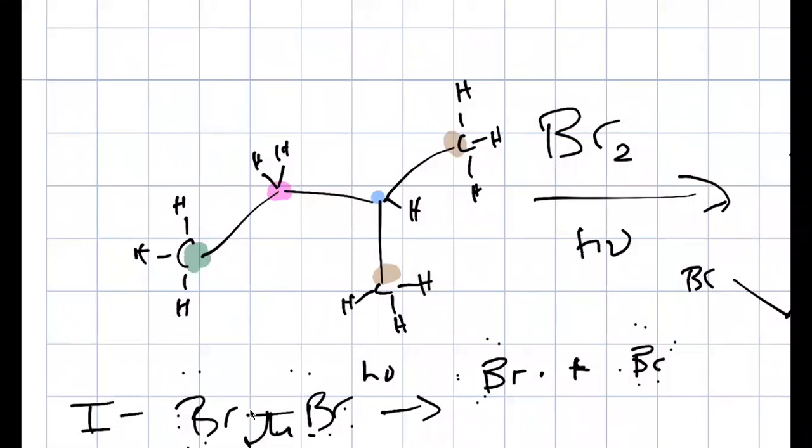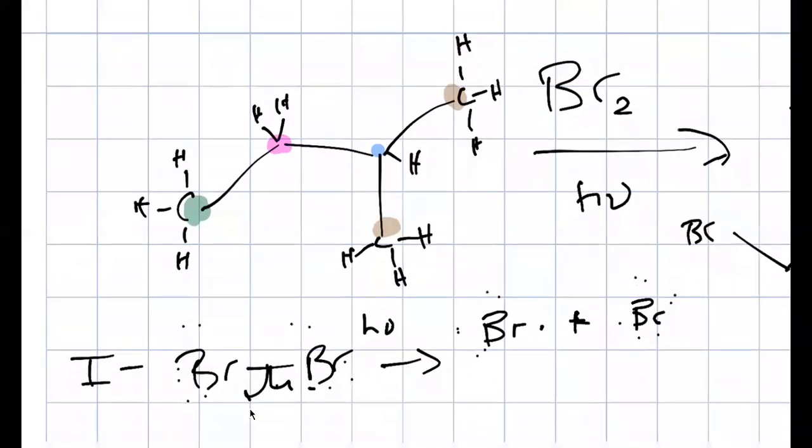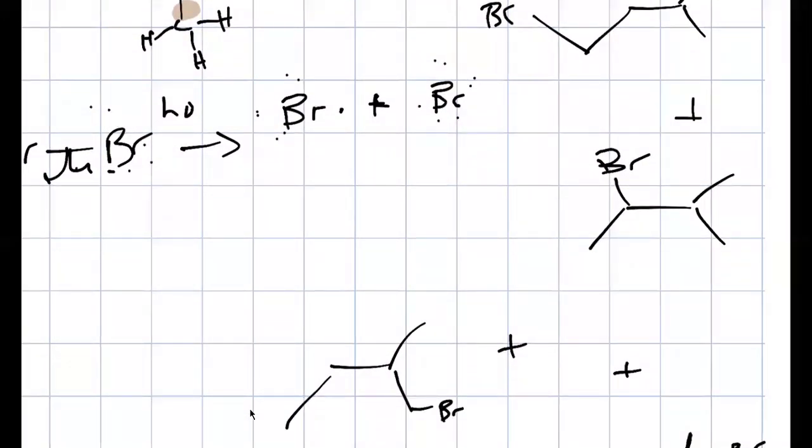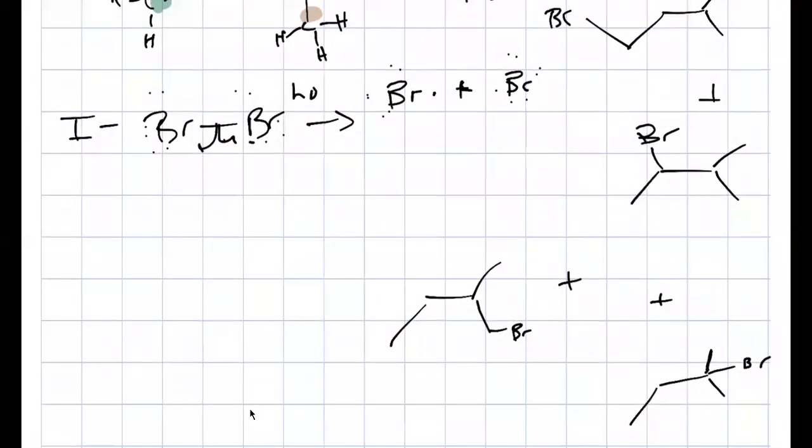And then what's the final step? Anybody? Termination, right? And then termination, that's where all your products get made. I'm going to move this over and make some room. So let me erase this. I'm gonna move this product over.